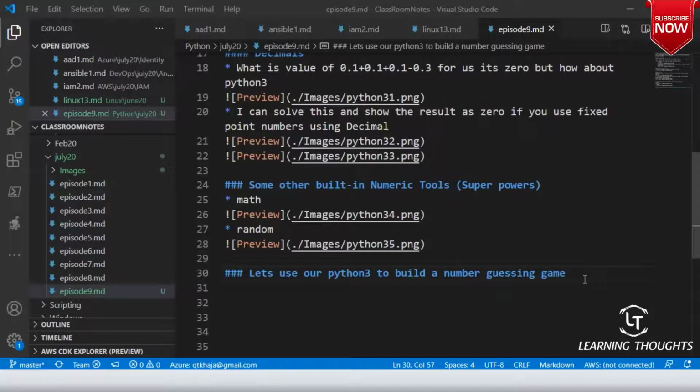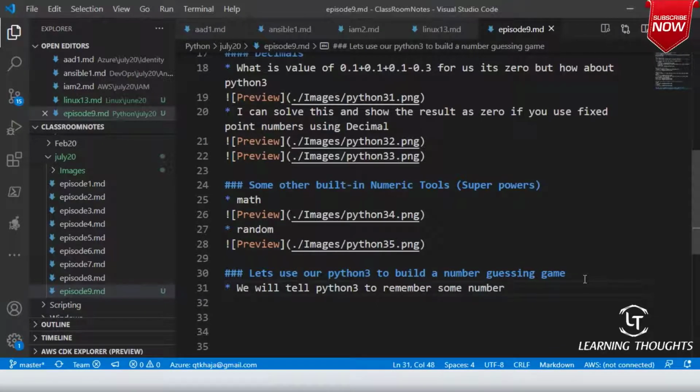Think about this. We will tell Python 3 to remember some number randomly. Now we will ask the user to enter inputs.